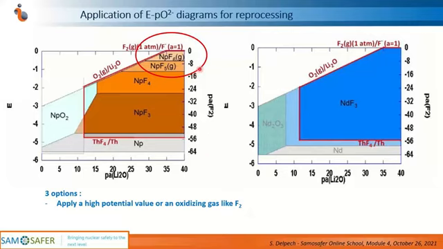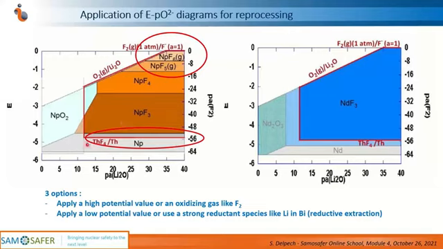If we do fluorination, or apply a very high potential value in the molten salt, we will oxidize neptunium to its highest oxidation state. It will be in the gaseous form, and at this moment it will be separated from the molten salt and will be in the vapor phase above the salt. Nothing will happen for neodymium when we increase the potential. So that is the first option.